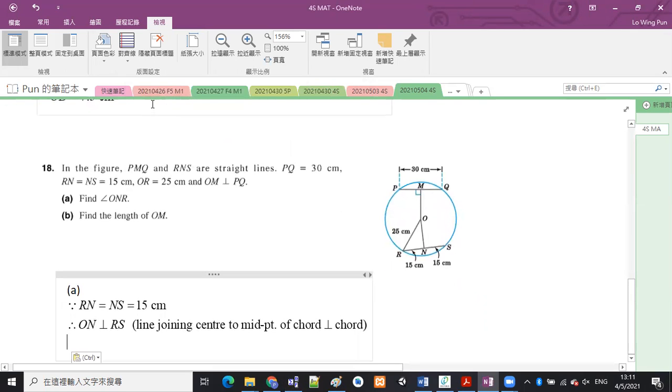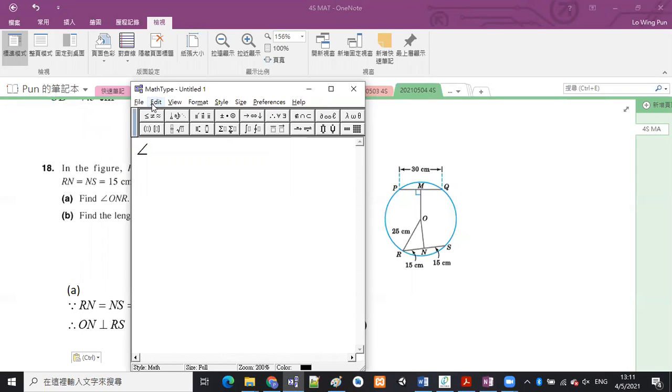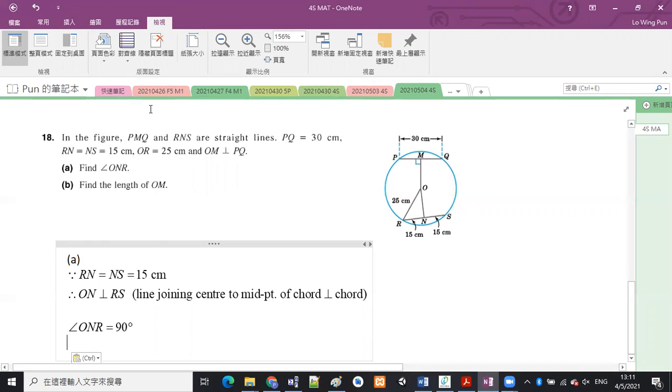So these two lines are perpendicular to each other, then the angle will be 90 degrees. Therefore, angle ONR is equal to 90 degrees. That is the answer of part A.